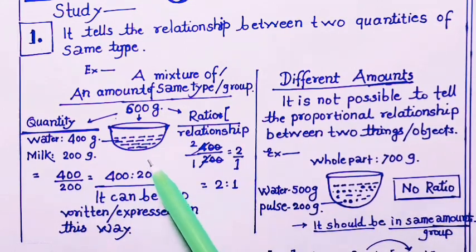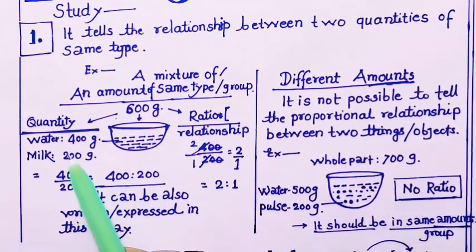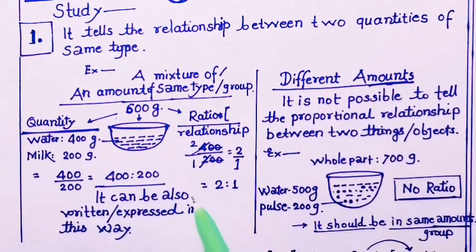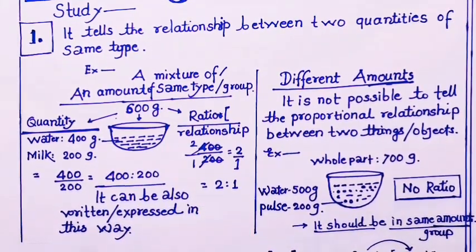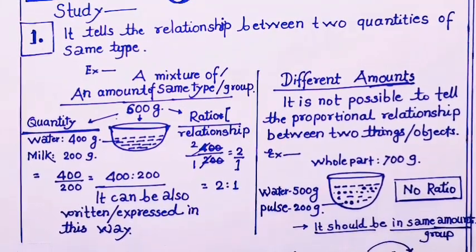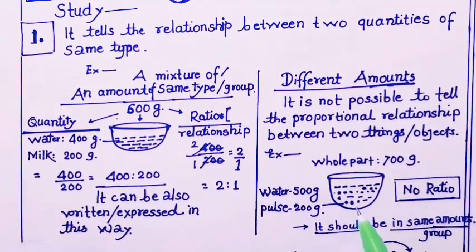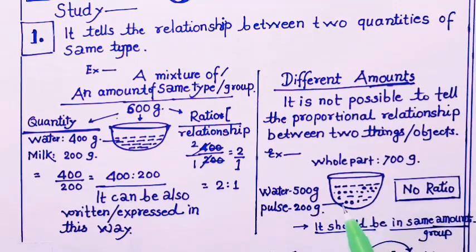So this number 400 by 200 can be changed into the number of ratio, but in different amounts you can see here, in this pot the water is 500 grams and pulse is 200 grams.